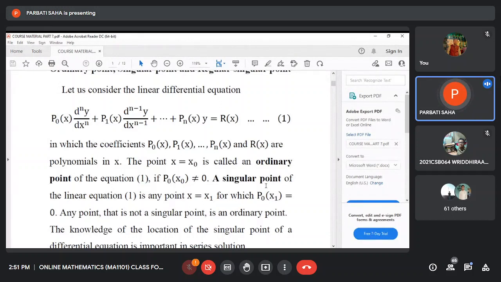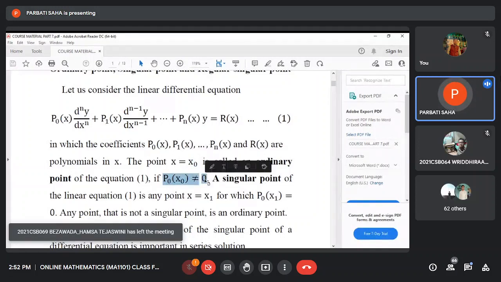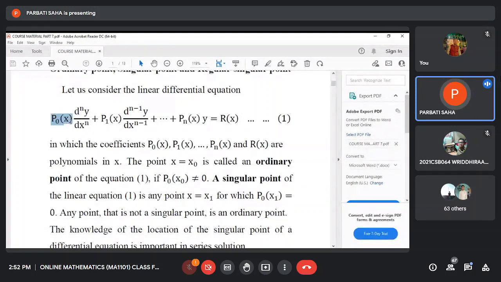And x0 is called an ordinary point of the differential equation provided P0 is not equal to 0 at x equals x0. Is it clear? At an ordinary point, this coefficient becomes non-zero, and at a singular point, this coefficient becomes 0. Is it clear to all of you?